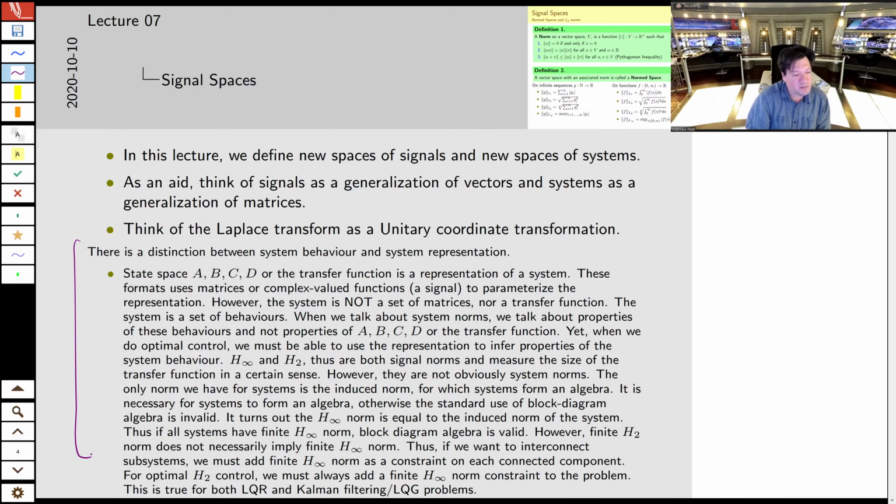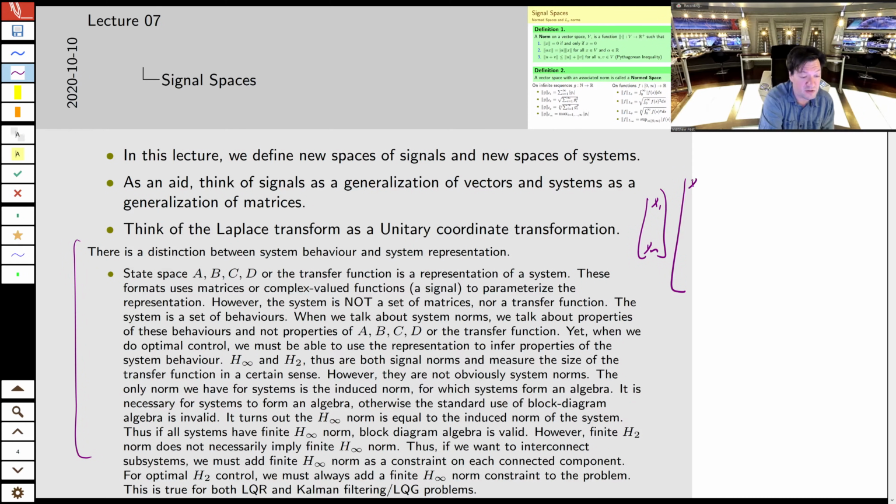So a way to think about these norms, right? The L1 norm, the L2 norm, and so forth, as relatively straightforward generalizations of, say, the Euclidean norm for vectors, right? So you think of these signals as generalizations of vectors, where instead of indices x1 down to xn, we have an infinite list.